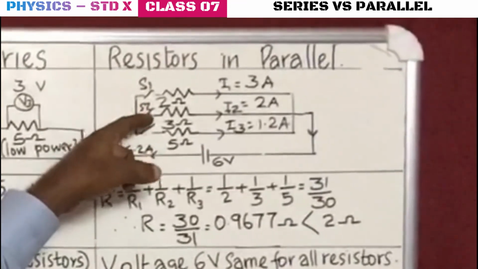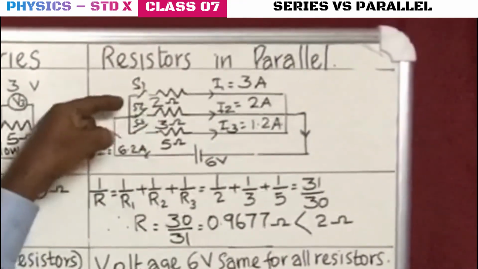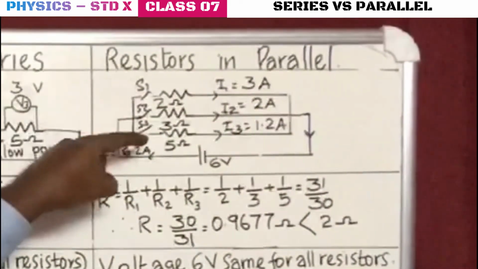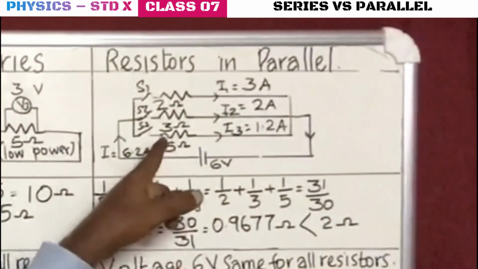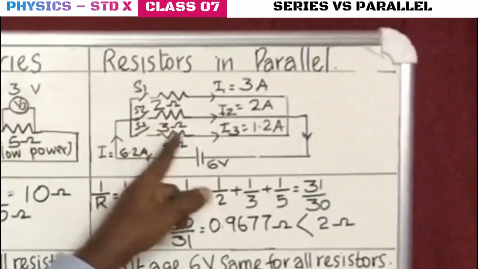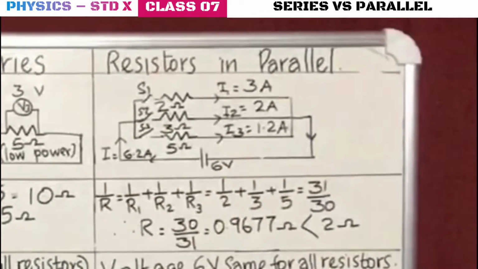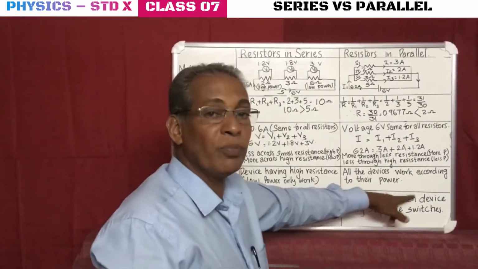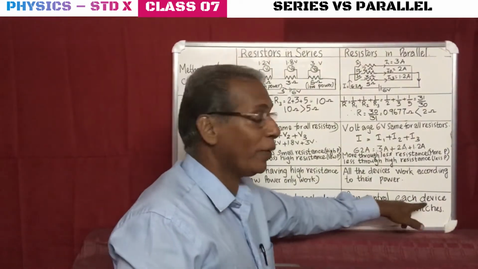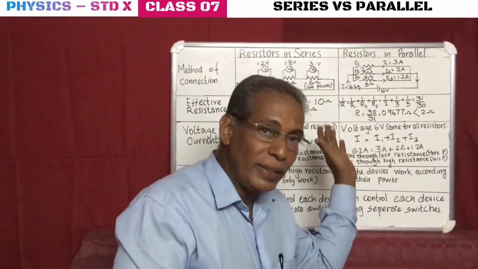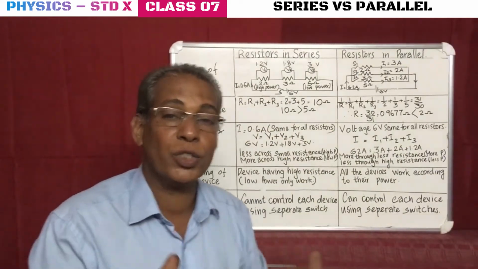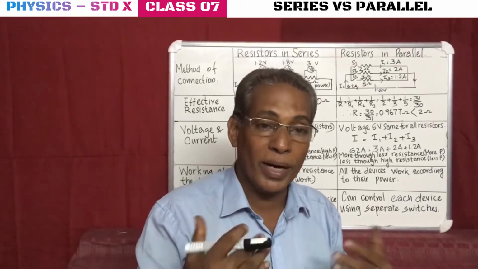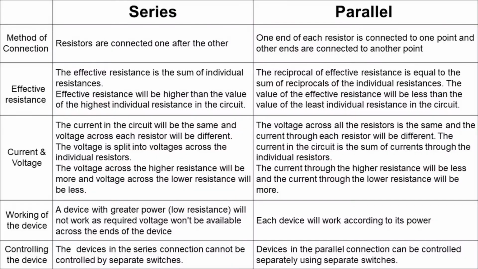If I switch on the second, current will flow through this branch, I2 with 2 ampere. If I switch on the third switch, current will flow through this resistance or this device with 1.2 ampere, depending on its power. So we can control each device using separate switches, and all these points we discussed are listed in a table in a precise manner so that you can memorize these points very easily.